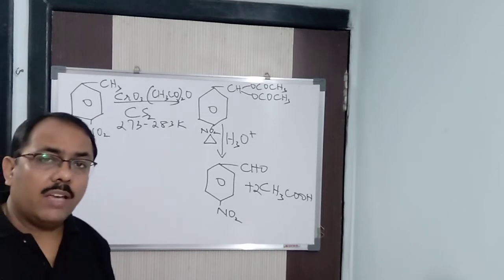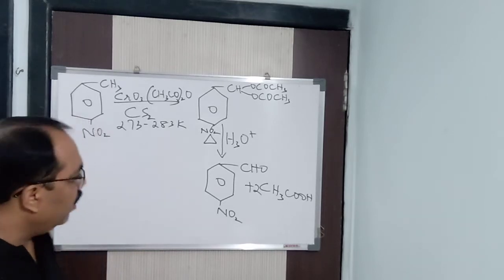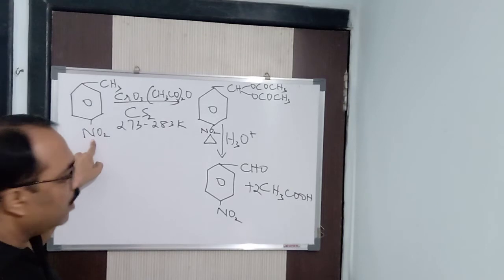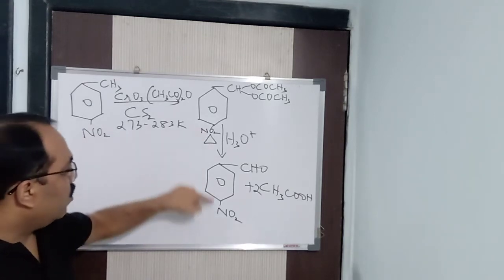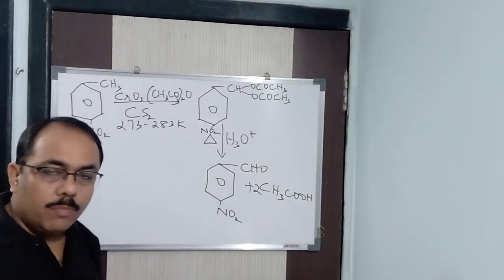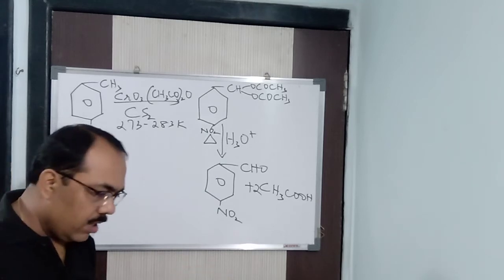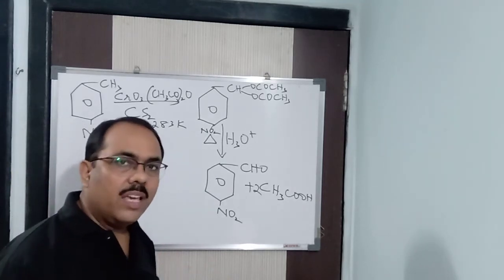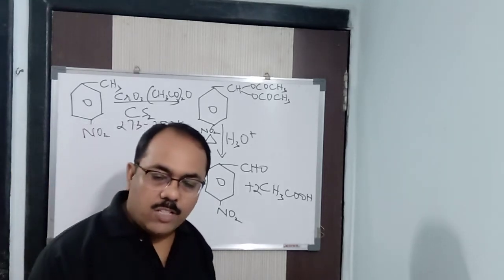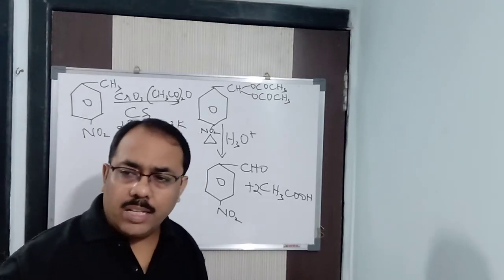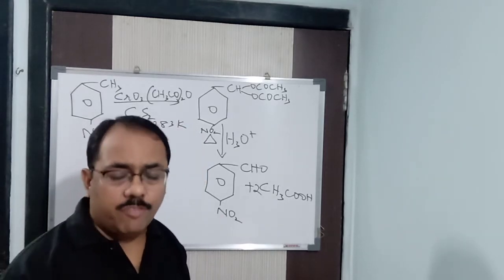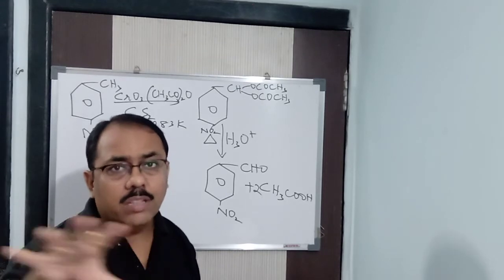If you say now, sir, I want para-chlorobenzaldehyde, fine. Instead of nitro, I will put chloro here. So para-chloro or para-bromo-benzaldehyde you will be getting. Done. Okay, it's very simple. See, why am I telling you all this? Because it will be coming in your exam as complete the following reactions or convert the following.